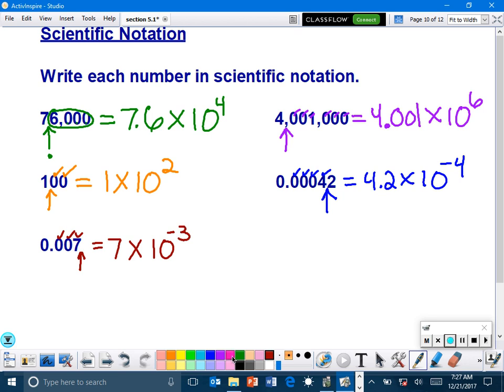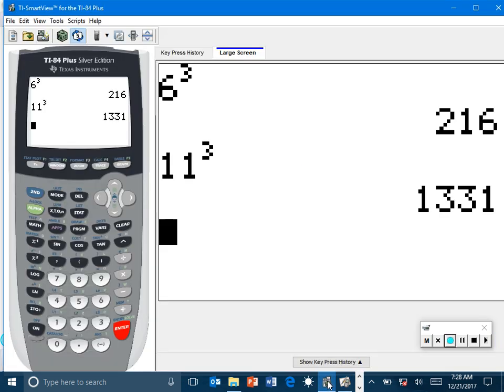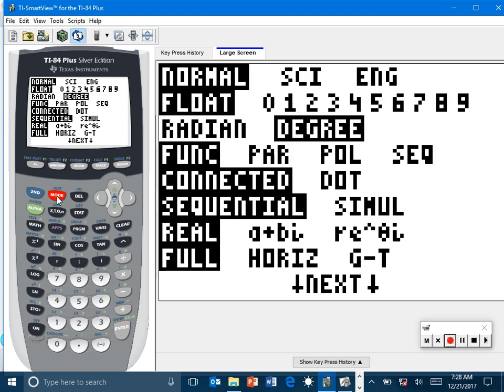Now, calculator notation. The calculator will do scientific notation for you. Let me show you on the calculator. If you go to mode, okay, now I highly recommend not doing this, but I'm going to show it to you.